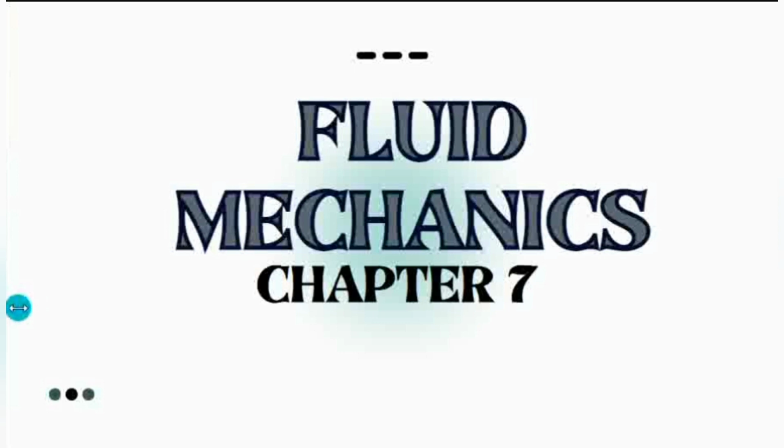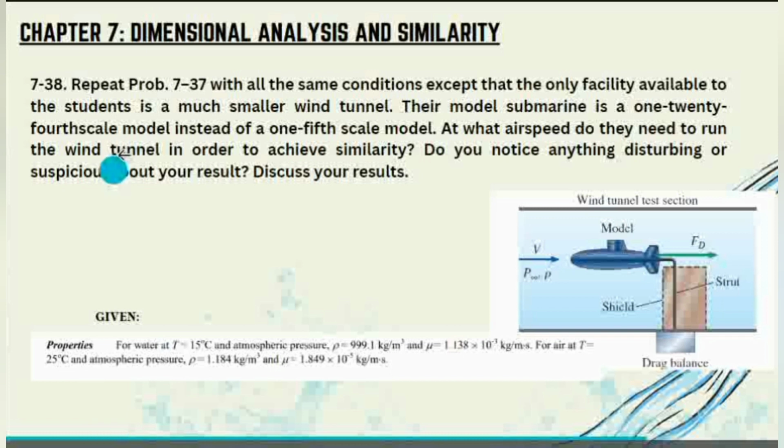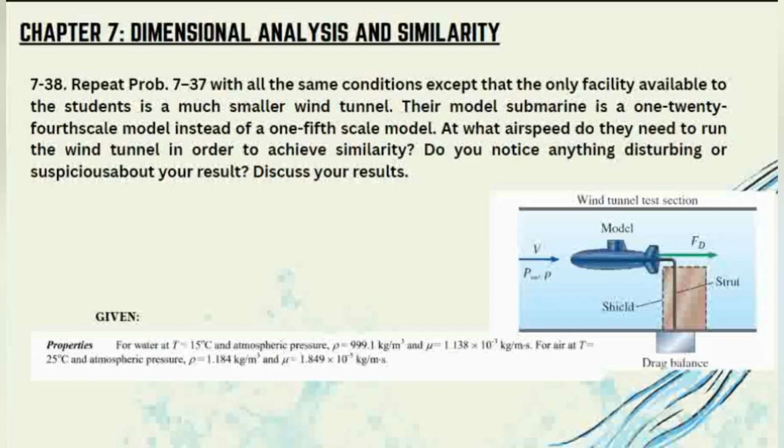In this video, we will solve again a fluid mechanics problem from the book of Yunus A. Cengel and John M. Cimbala, Chapter 7, Dimensional Analysis and Similarity, Problem 7-38. Repeat problem 7-37, as you can see in our recent video, with all the same conditions except that the only facility available to the student is a much smaller wind tunnel.